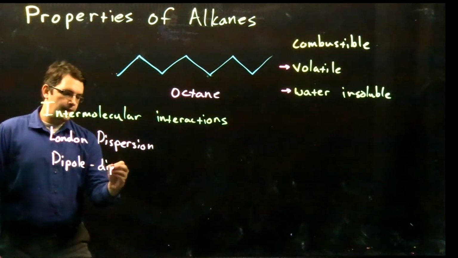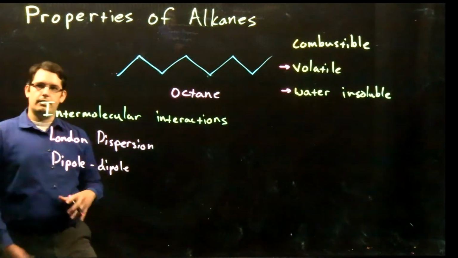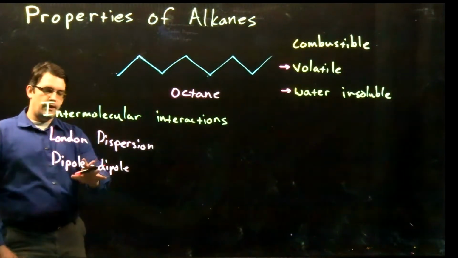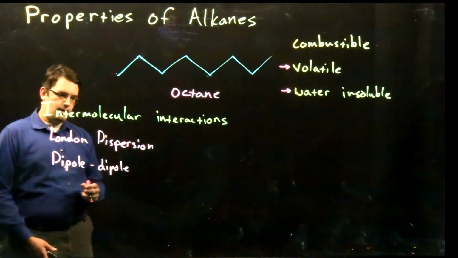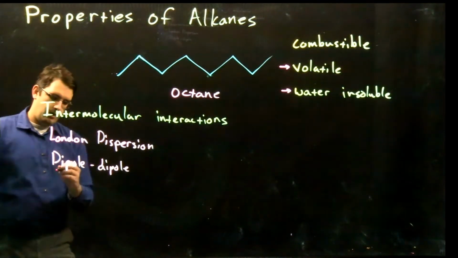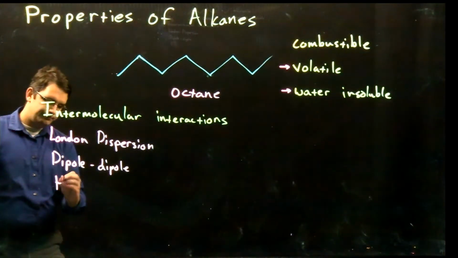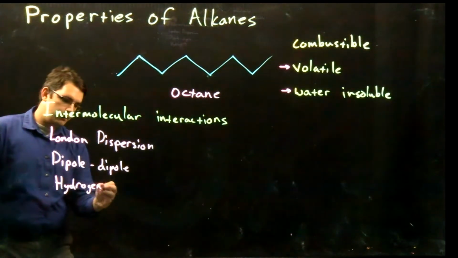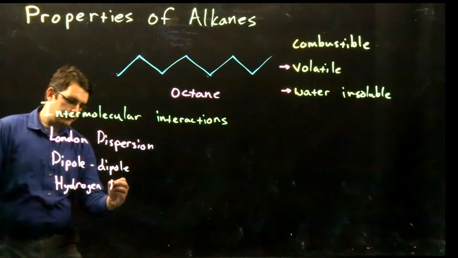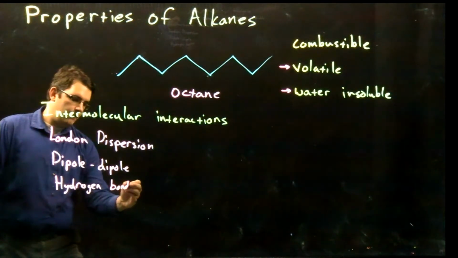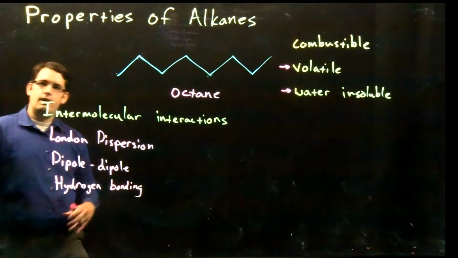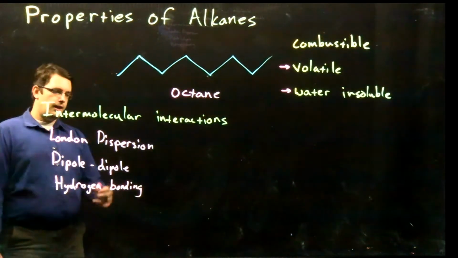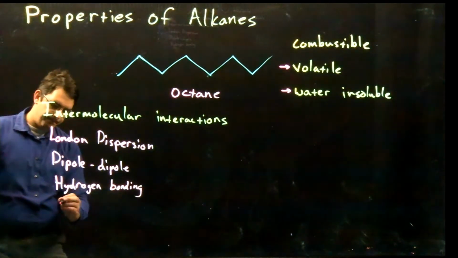So these occur when we have polar bonds in our molecule that then create those partial negative and positive charges that can then be attracted to other dipoles on other molecules. We have hydrogen bonding, which occurs between the strong dipoles that we have associated with hydrogens attached to electronegative oxygens or nitrogens and other electronegative atoms.